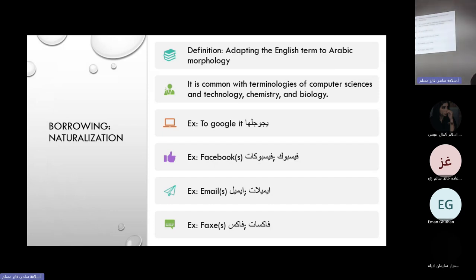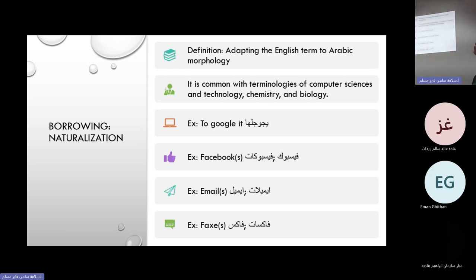The other type is naturalization, and this is to adapt the English source term to the Arabic morphology. Do you mean morphology? Nope, that's phonology.